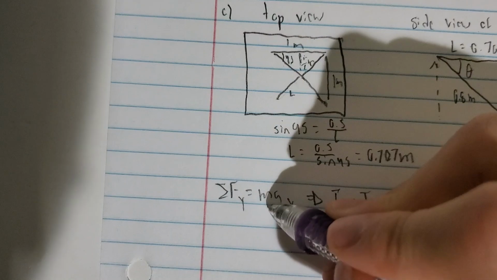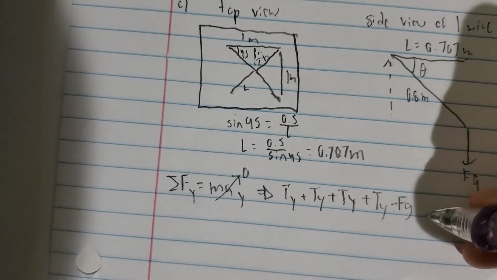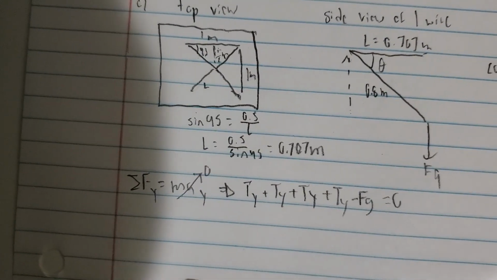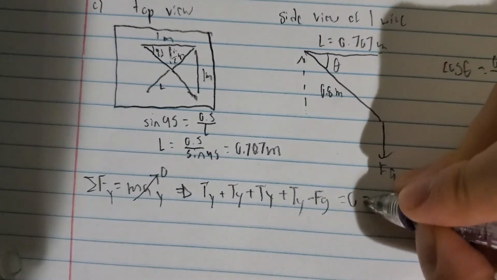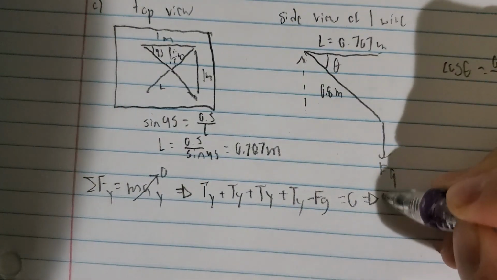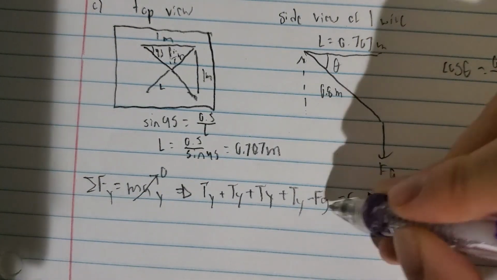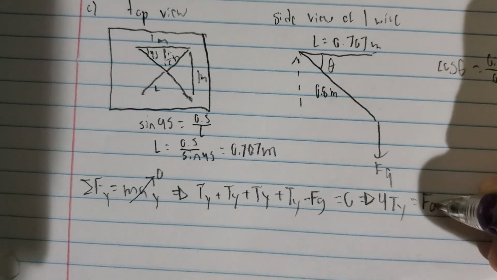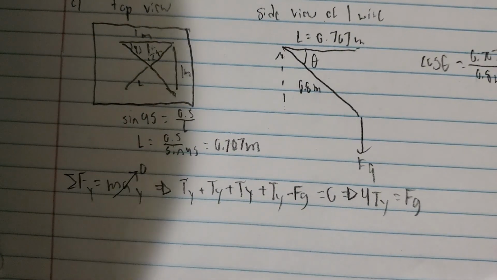For the first part, our acceleration is going to be 0. So this turns out to be 4 ty, and then adding Fg over, 4 ty is going to equal Fg.